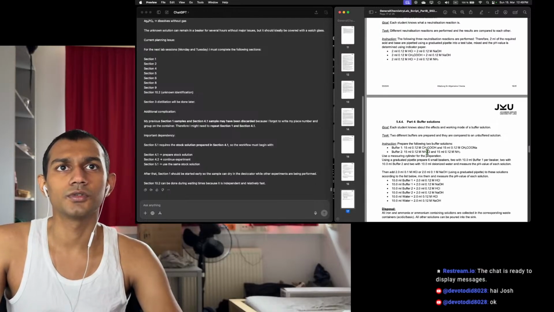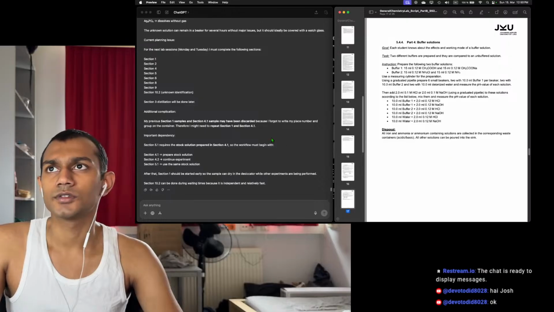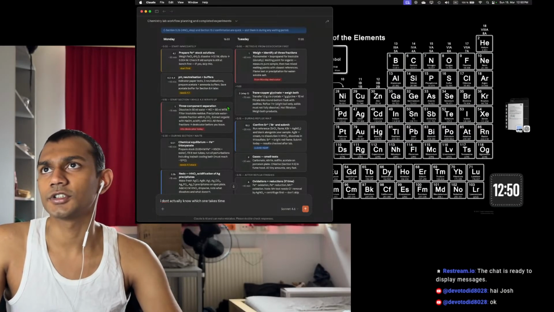Part 4, buffer solution. 2 different buffers are prepared and compared to an unbuffered solution. Okay, so according to Claude, I start with section 4.1. Then start section 1 while 4.x wraps up.